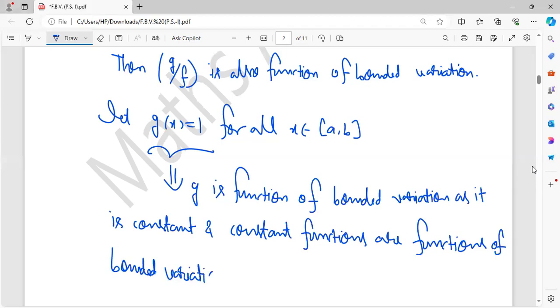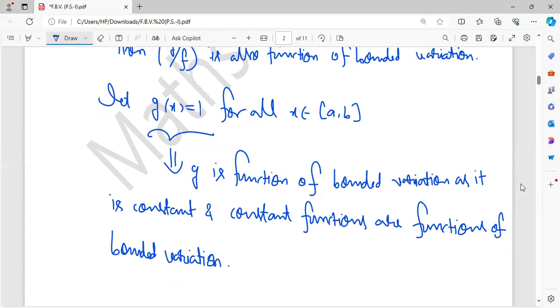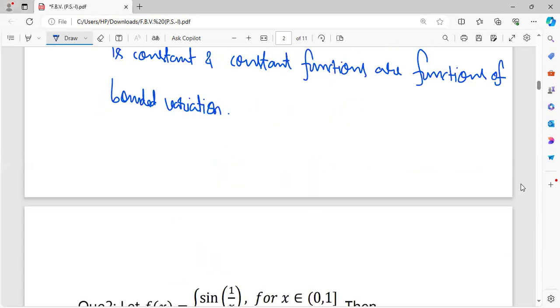So I will put the value g(x) is equal to 1. Then what does it imply? This implies 1/f is a function of bounded variation.